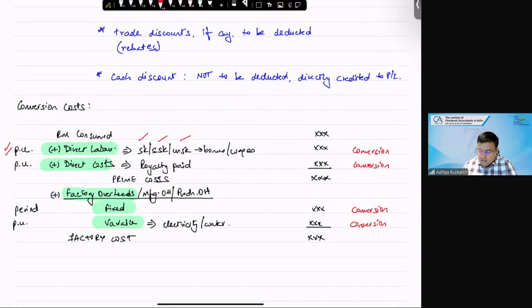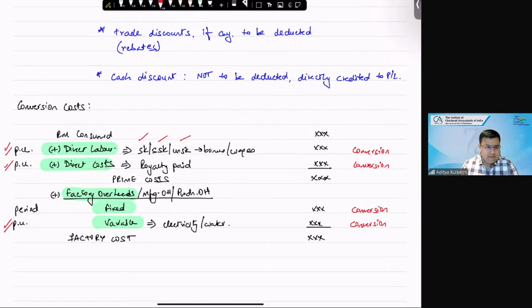Royalties and all direct cost, they also are perfectly variable. So it comes on a per unit basis. Your variable overheads like electricity, water supply, etc., they are also directly related to your output. So per unit cost mil sakta hai uska. Your fixed overheads are period costs, factory rent, for example. Okay.